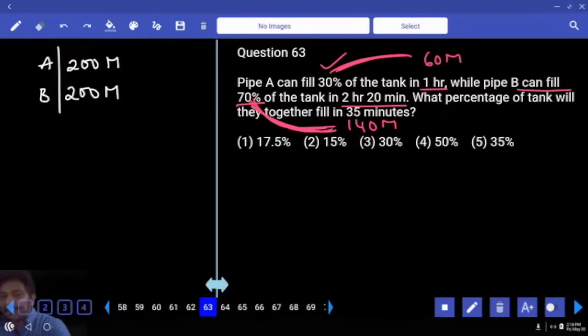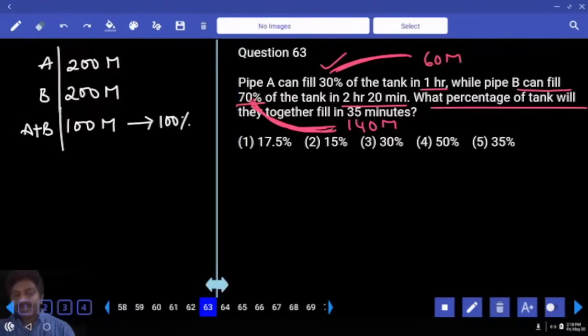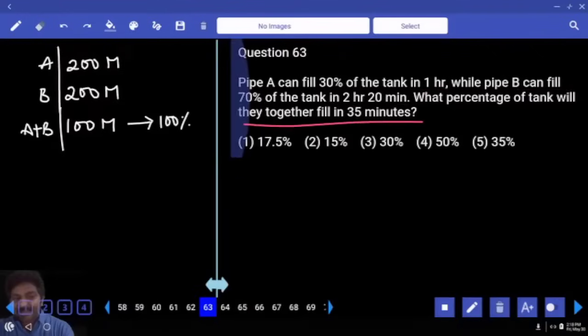If the first pipe can fill it in 200 minutes, the second can fill it in 200 minutes, both together can fill it in 100 minutes. You understand? Now the question is to identify what percent of the tank they will together fill in 35 minutes. Answer?